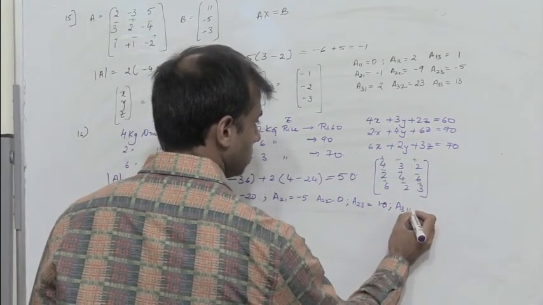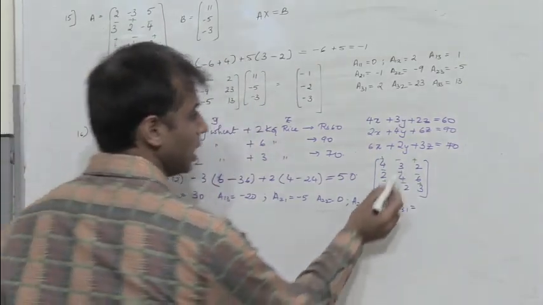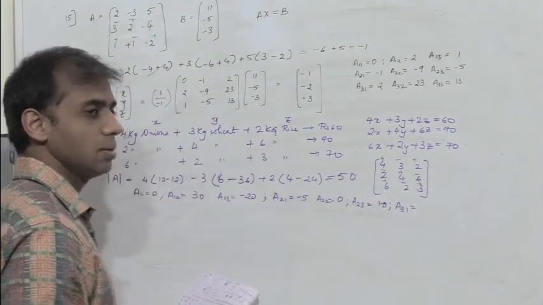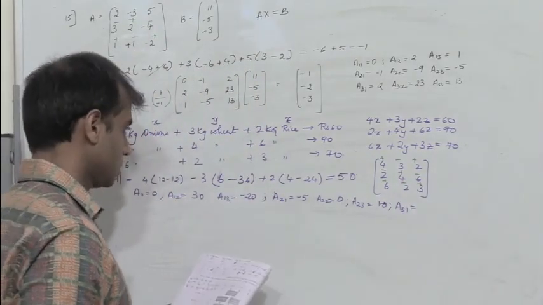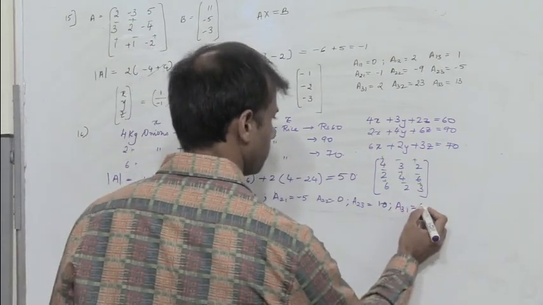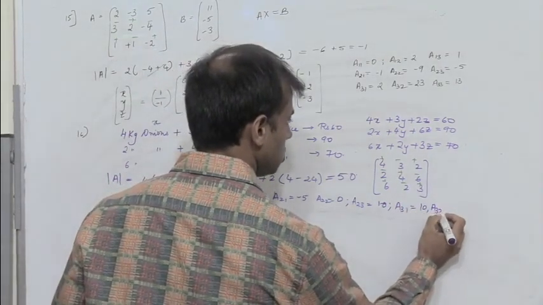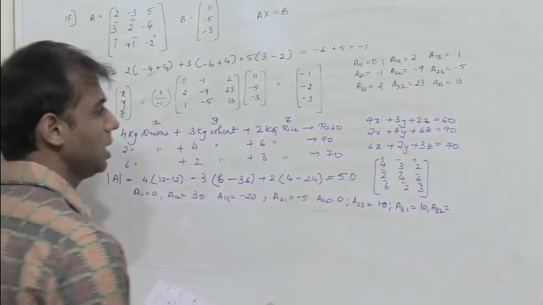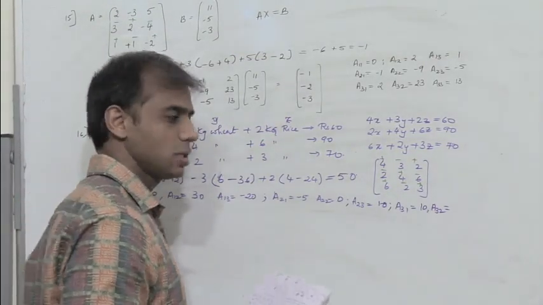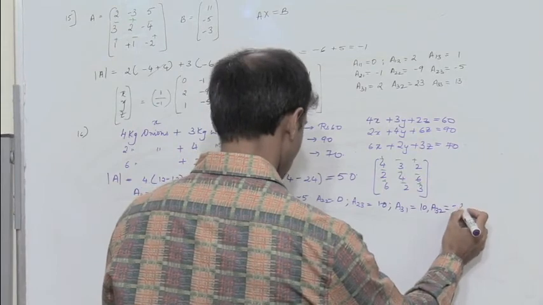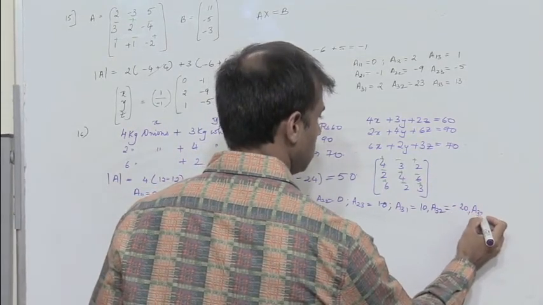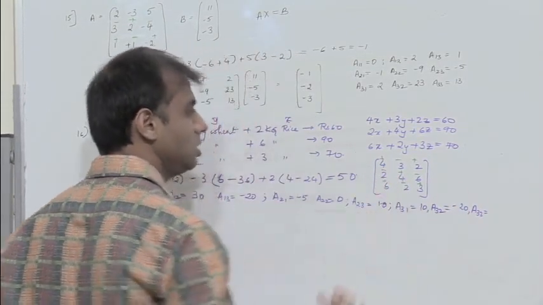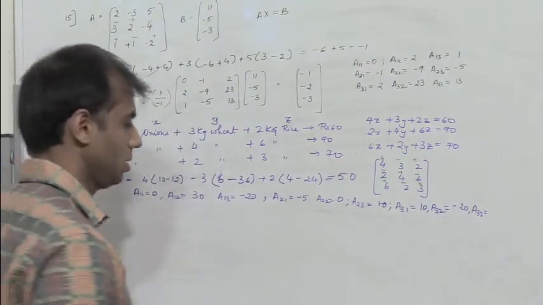Next, A31. So we have 3 into 6, which is 18 minus 8, which gives us 10. Next, A32 is 4 into 6, which is 24 minus 4. So 24 minus 4 is 20 with a negative sign, minus 20. And A33 is 4 into 4 is 16 minus 6 is 10.